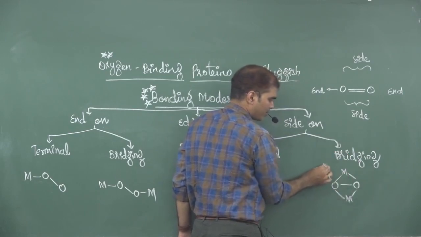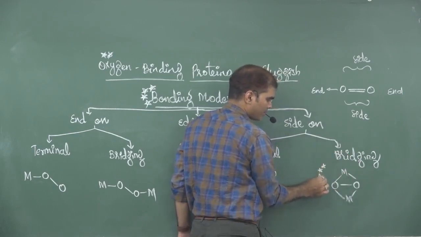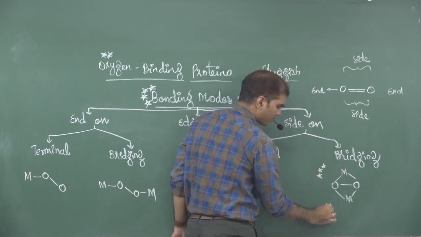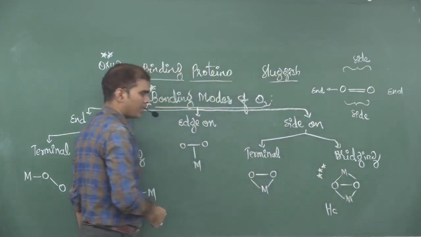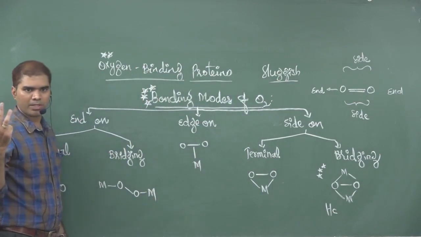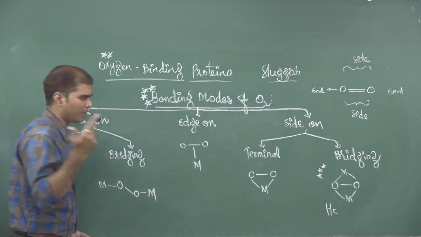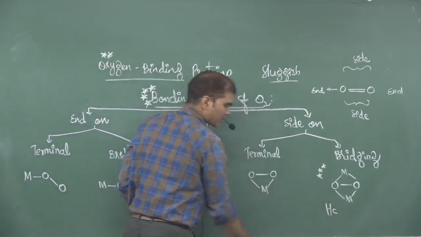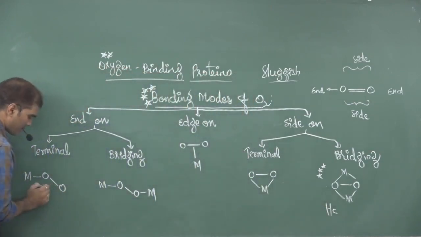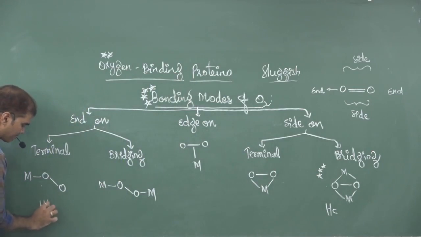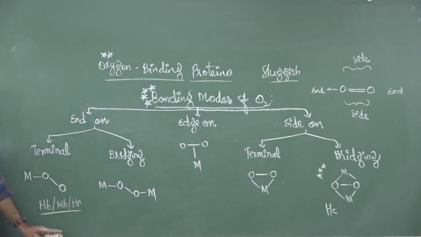Where do you find this type of bonding mode? You have only 3 oxygen binding proteins: hemoglobin, hemerythrin, hemocyanin. In hemocyanin, you will be finding this. In hemoglobin or myoglobin or hemerythrin, terminal bonding mode is very important, the end-on terminal.